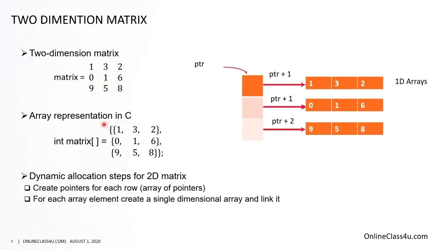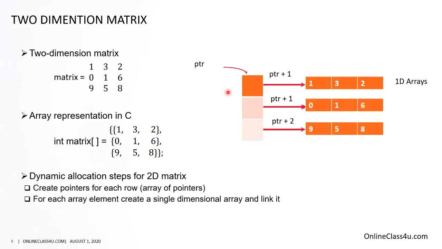And it is represented in an array like this, where each element is separated by a comma and each row is separated by curly brackets. Now let's see how we can implement this using pointers. Basically, we want to allocate memory dynamically where the rows and columns are not known before.